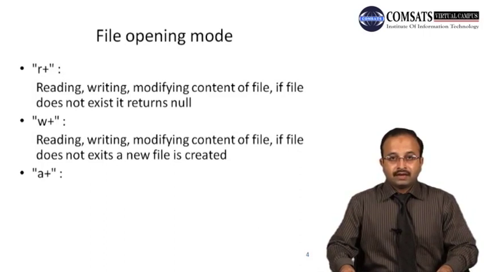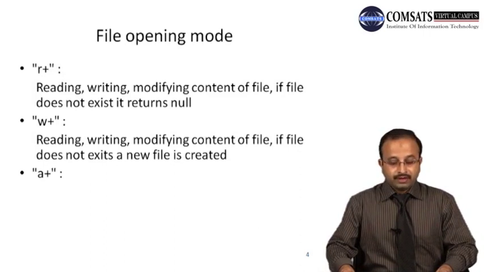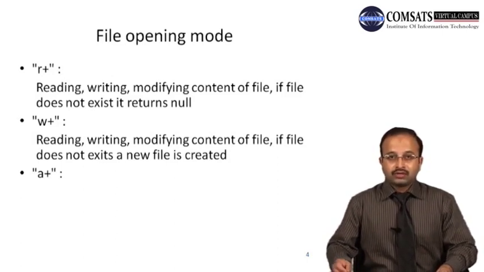For example, if we have the previously saved file my.txt, then if I want to create a file or open a file in W plus mode, it will destroy or delete all the content of my.txt file. Okay, if I create a new file with the same name, it will finish the previous file and create a new file with the same name, that is the empty file.